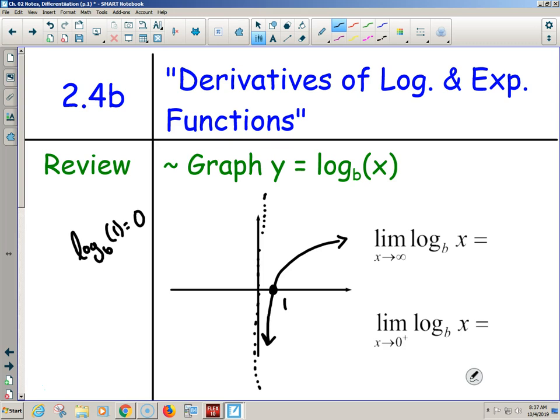Now it could be 1 outright when x is 1, or it could be when u equals 1 if there's a u. Anyway, remember real quick with logarithms, domain: u needs to be greater than 0, and technically log base b of u when u equals 1 is 0.